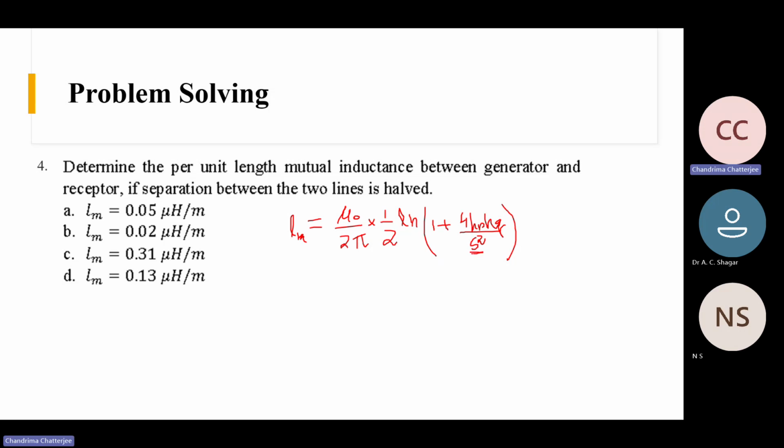Now this is halved. Earlier it was 3 centimeters, so now you will put 1.5. And rest of the values are same. HR is 1.5 centimeter, HG is 1 centimeter. All the other values will be same.